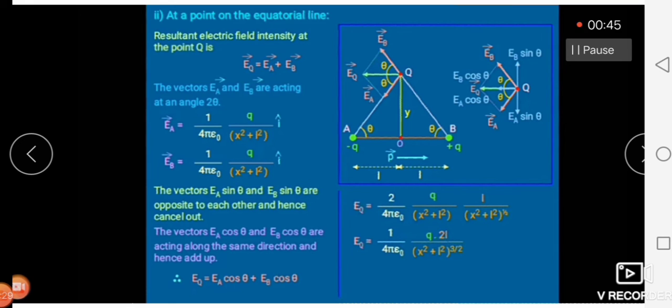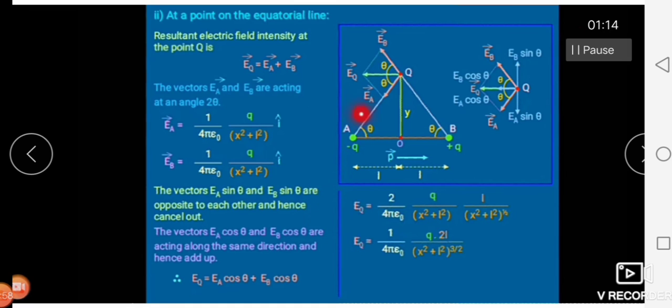Now these two fields give the resultant value at point Q due to the dipole on the equatorial line, and this is shown by EQ. EQ is equal to the sum of vectors EA plus EB, and substituting these values in this equation we get the resultant value.